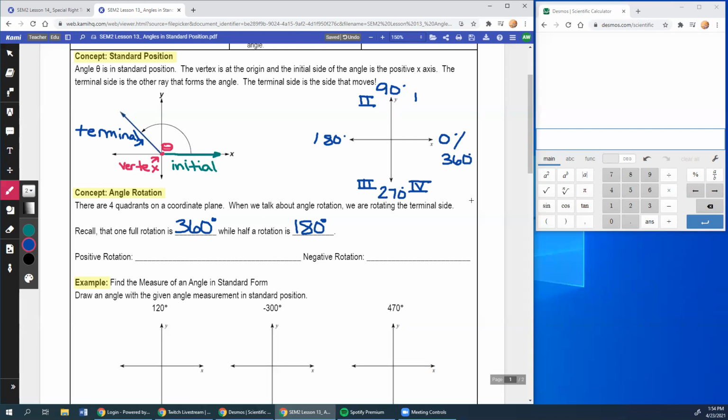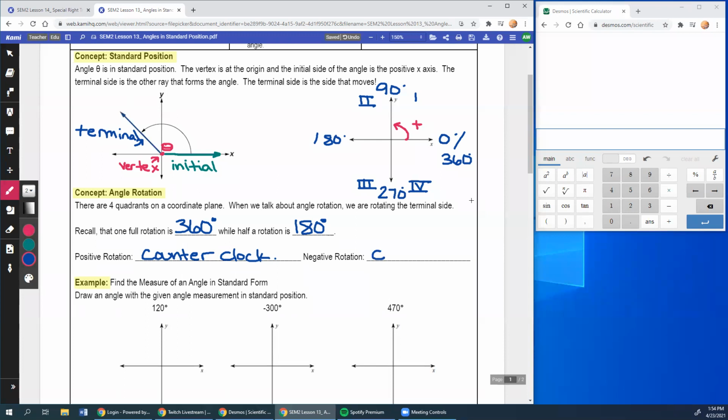A big thing to note is we do have positive and negative rotations. A positive rotation moves counterclockwise. So if we start at x at 0 and go counterclockwise, that is a positive rotation.